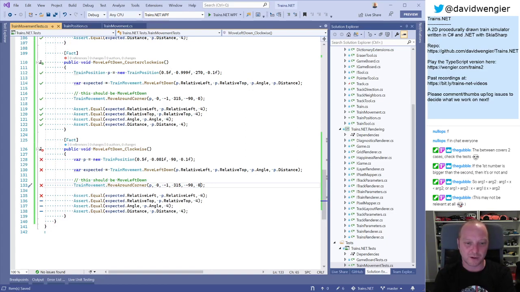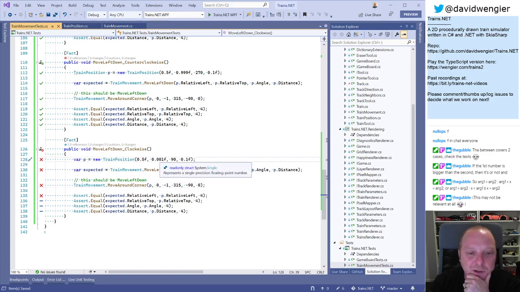Oh no, that doesn't work. I was going to say there's no way I'm getting those numbers right if I was calling this API. 0.5 is okay, so clockwise.